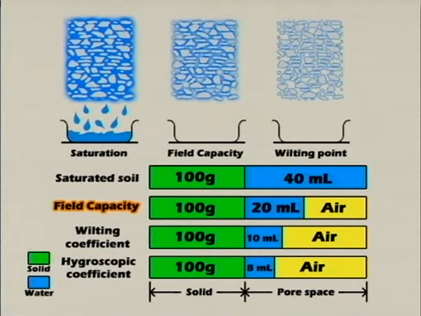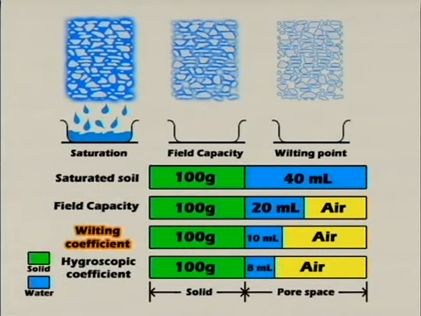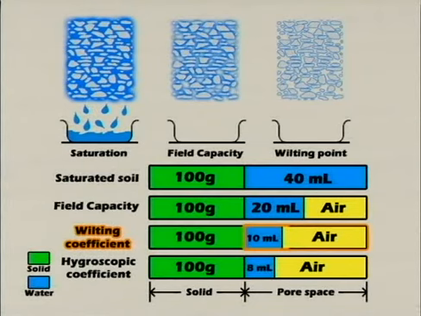At field capacity, we may have half of that soil pore space occupied by air and approximately half by water. At the wilting coefficient, we might be down to somewhere in the neighborhood of 20% of the soil pore space occupied by water and 80% by air.